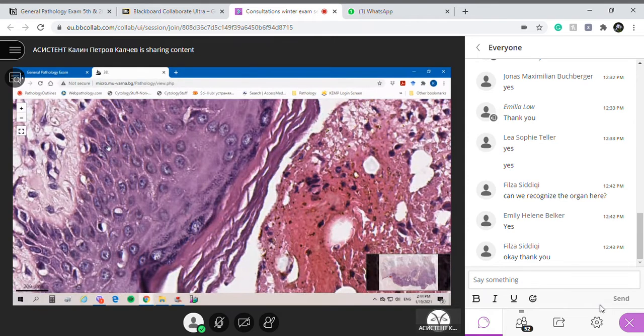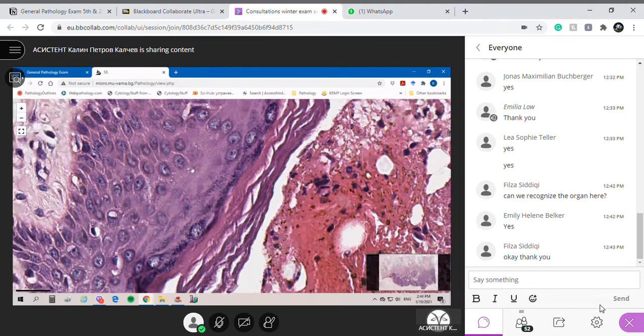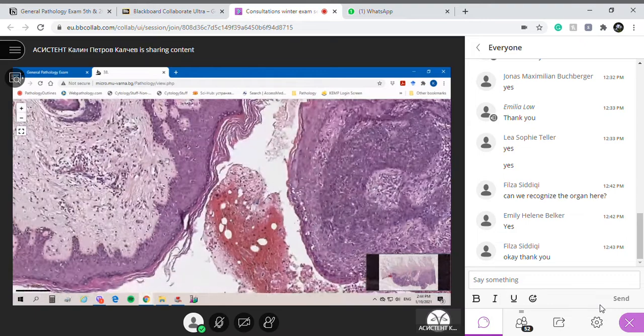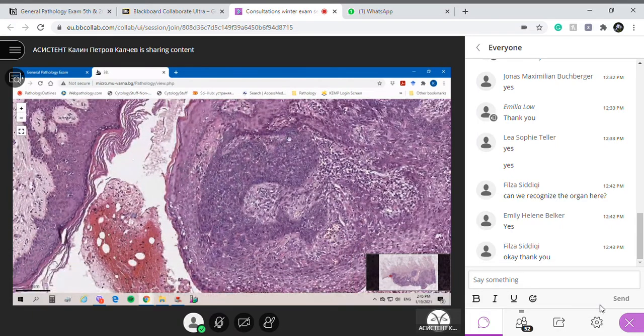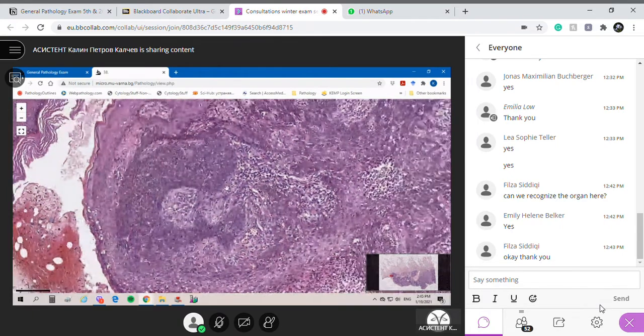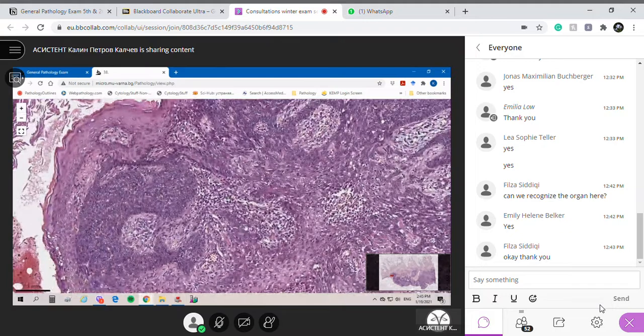They are small. Well, they primarily have this high nuclear cytoplasmic ratio, but they usually stay in one row at the bottom of the epidermis. But here you can see that they overgrow and get deeper into the dermis.